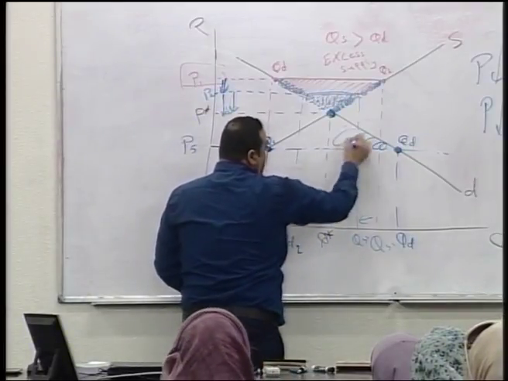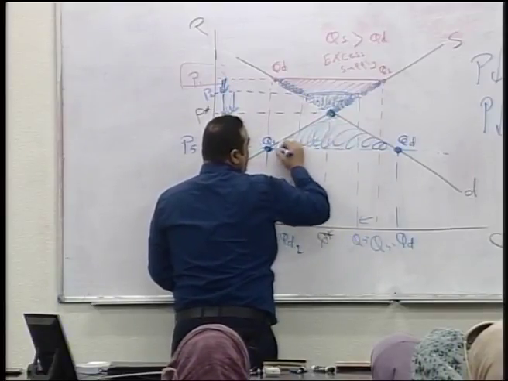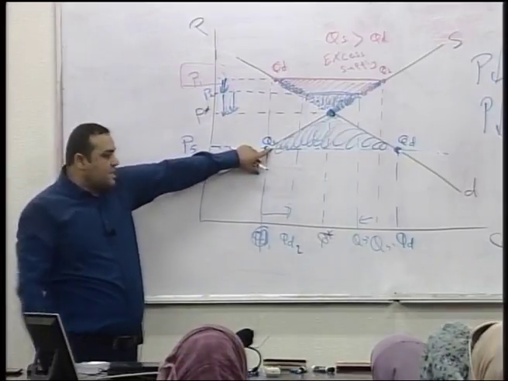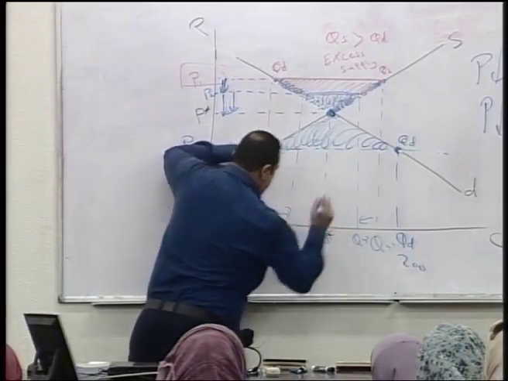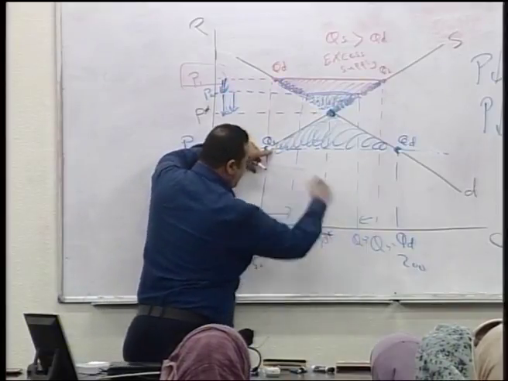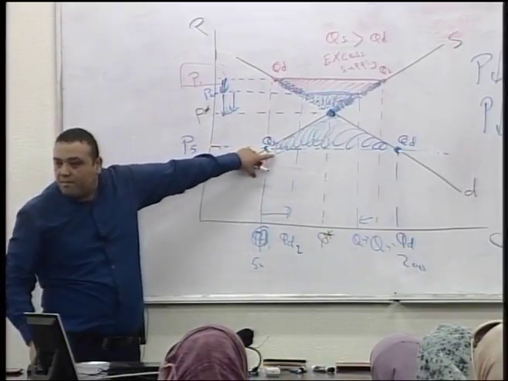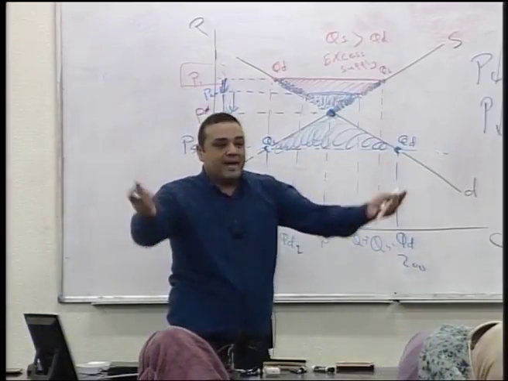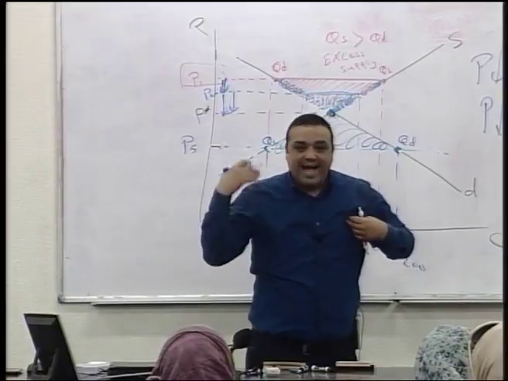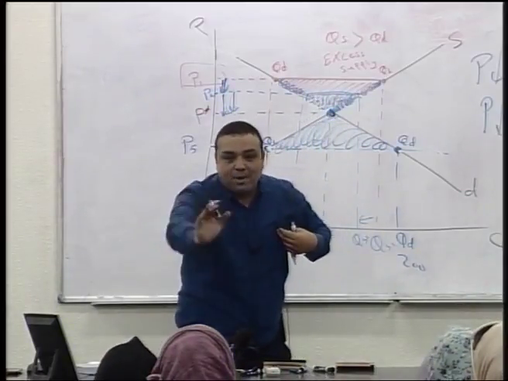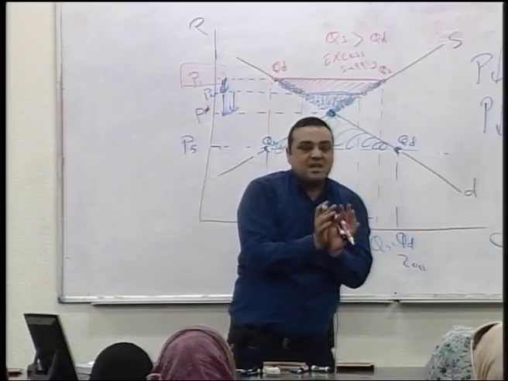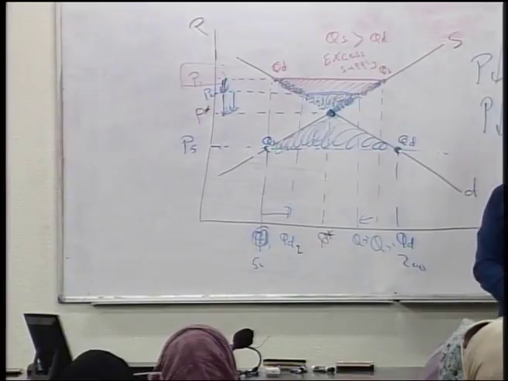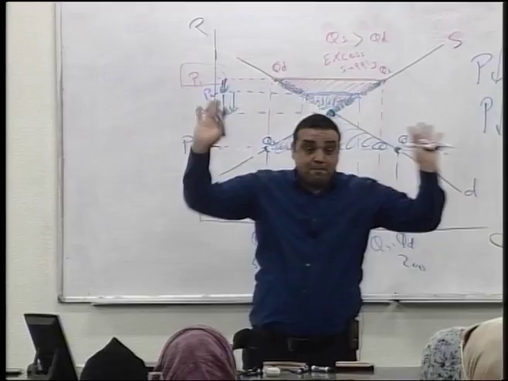This triangle represents what? Excess demand, because the QD is bigger than the QS, represented by 200 maybe minus 50, 150. As we have an excess demand, الكل بيقول لك هات البضاعة. And there is no supply. The quantity supplied is smaller than the quantity demanded. What will happen? The price goes up.